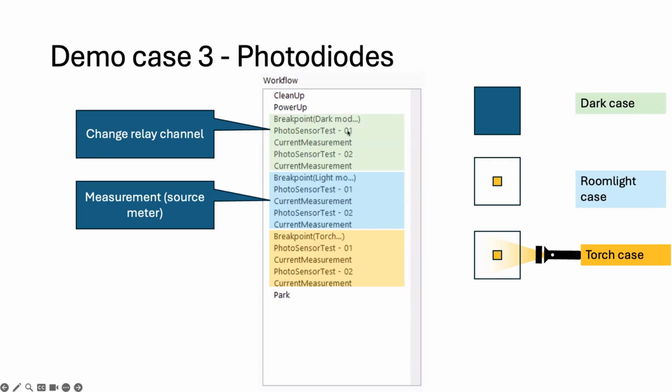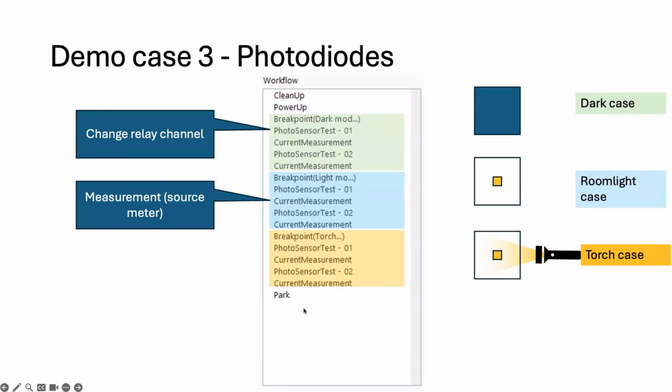And what happened within the different cases, this photo sensor test 01 and 02, those are relay commands, so they will select the necessary channels, and current measurement is always the same task. It is what it is, so it measures the photocurrent.